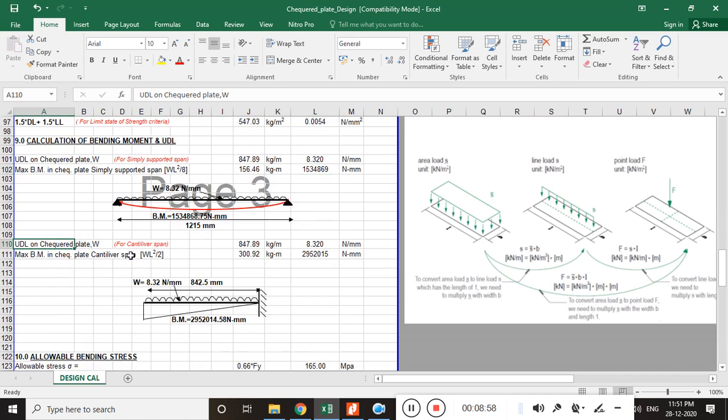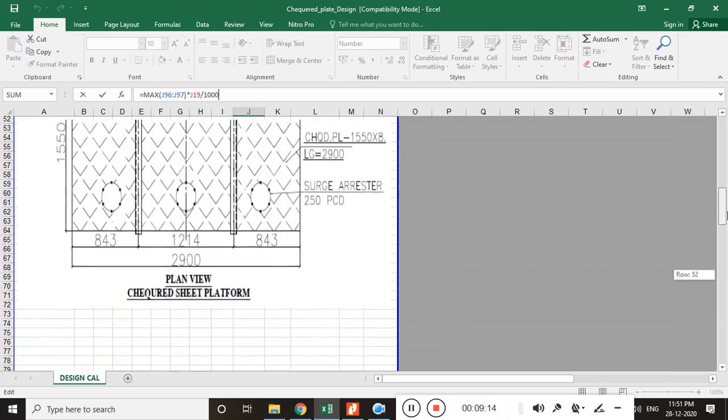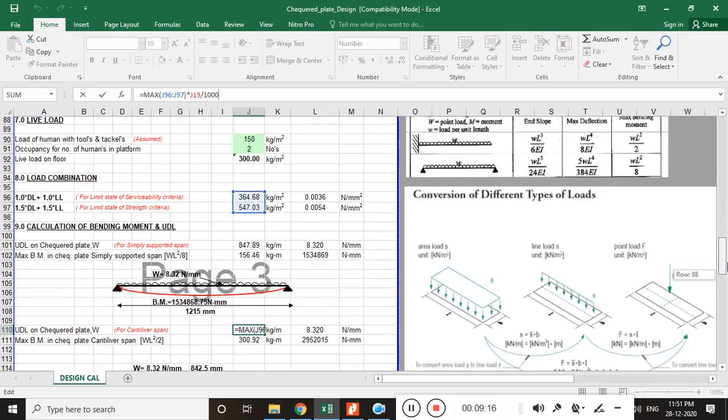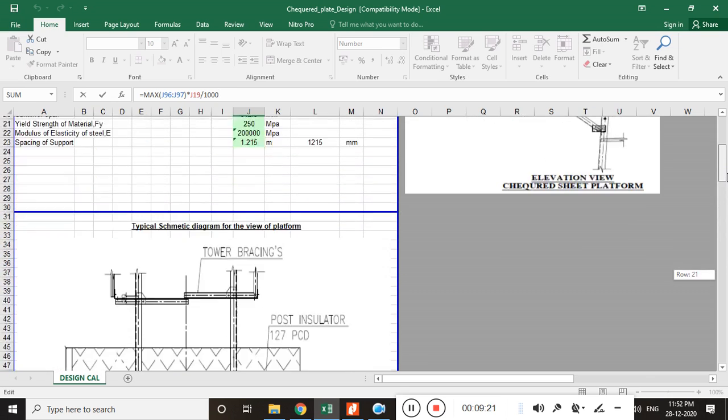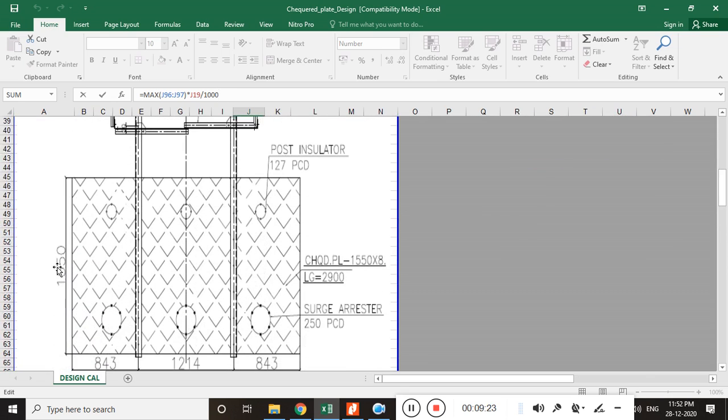So here we have calculated the UDL for the cantilever span. For the cantilever span, same thing, the UDL will be the same, because the width of our plate is constant, that is 1550. That maximum load 547 multiplied by width 1550.